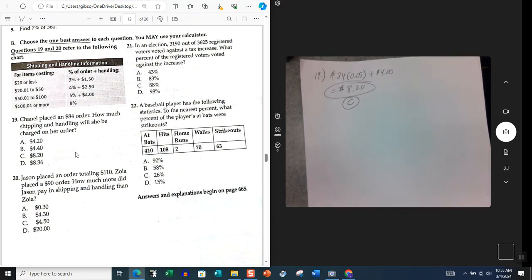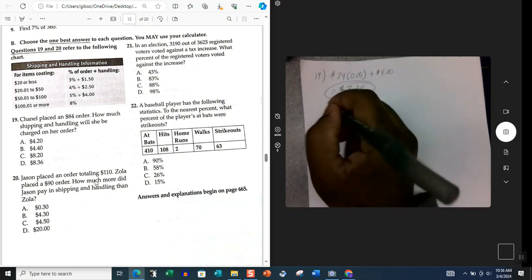All right, let's jump here to problem 20. It says Jason placed an order totaling $110. Zola placed a $90 order. How much more did Jason pay in shipping and handling than Zola? So we will have to find both of them. So Zola falls in between the $50.01 to $100, and Jason falls into the $100.01 or more.